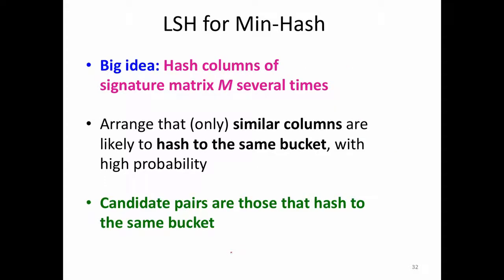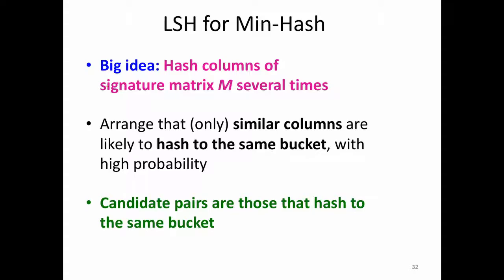Okay, so how do we do this? Remember, these hash signatures are integers. So we can think of each integer in the min hash signature as the bucket ID.